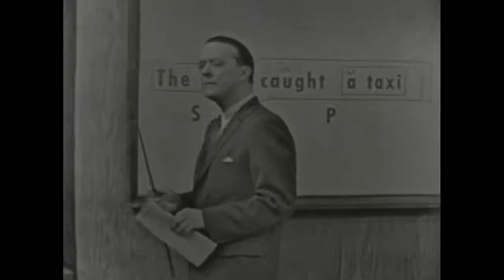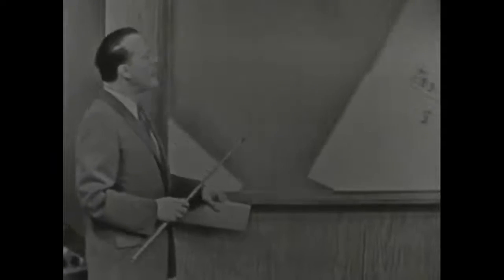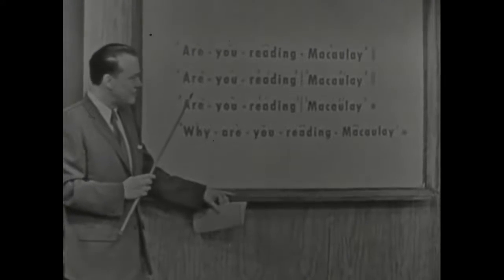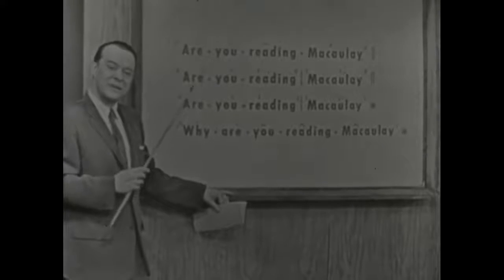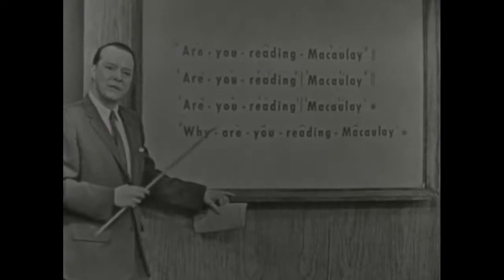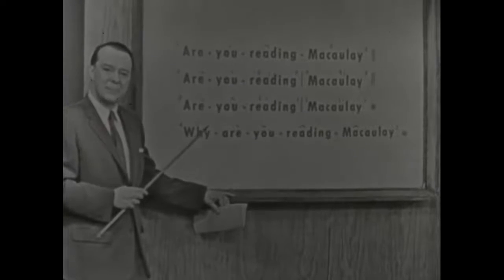Now, there is another item that we have to notice. That is, if the business of our stresses makes a phrase superfix, and we can see how the phrases can be added one to the other, the thing that really tells us about how a sentence operates is the intonation pattern.